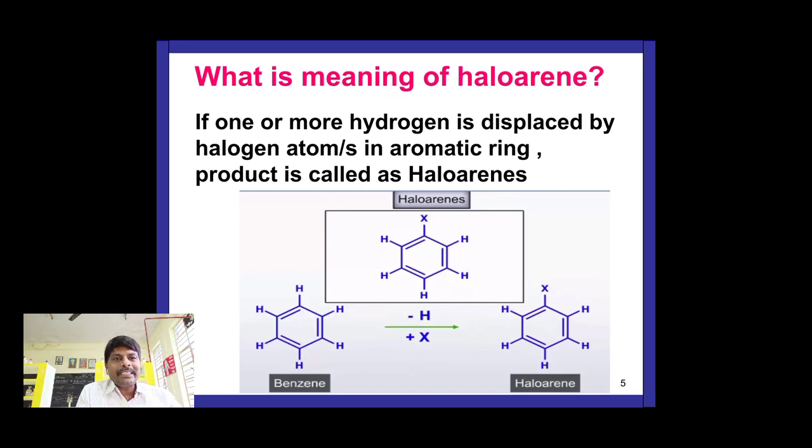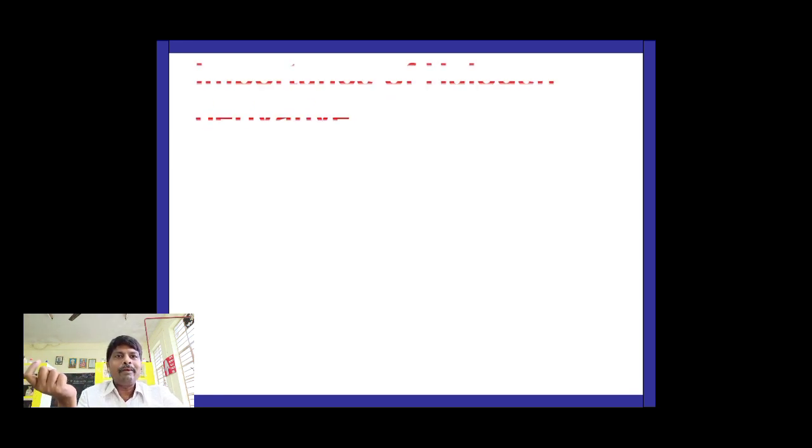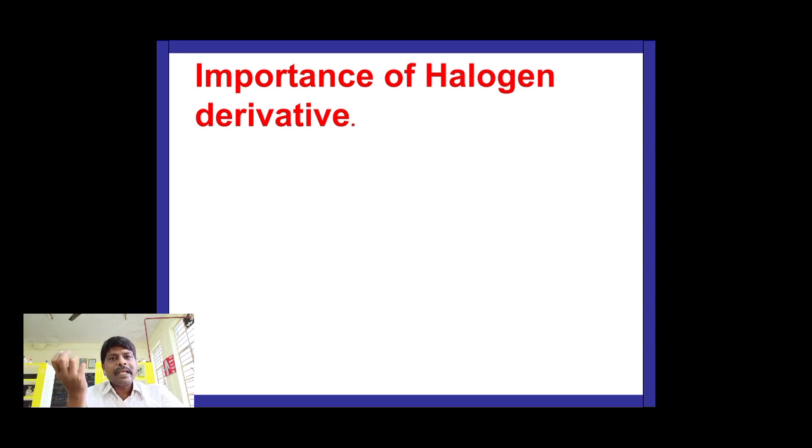If one H is replaced by X, then it is called haloarene. So haloalkane and haloarene; this chapter is haloalkanes and haloarenes. Now you understood the definitions. What is haloalkane? In alkane, if one or more hydrogens are replaced by halogens, then it is called haloalkane. In arenes, if one or more hydrogens are replaced by halogens, then it is called haloarene.